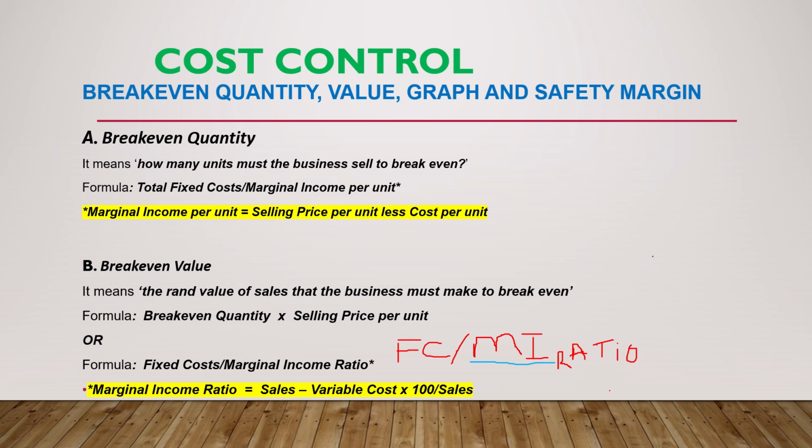How do you calculate it? You take your sales minus variable costs, times 100, divided by sales.